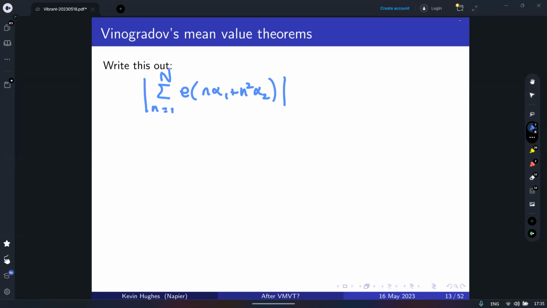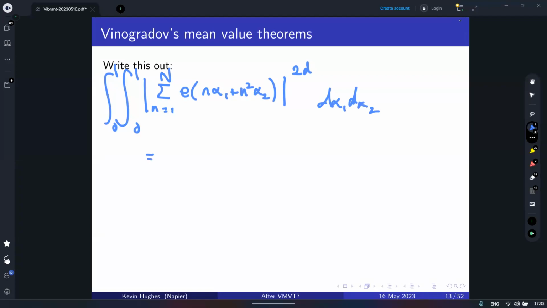I take the 2d power of it and integrate that from 0 to 1 and 0 to 1, with respect to alpha 1 and alpha 2.